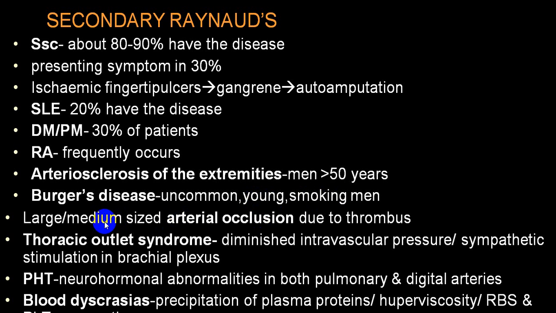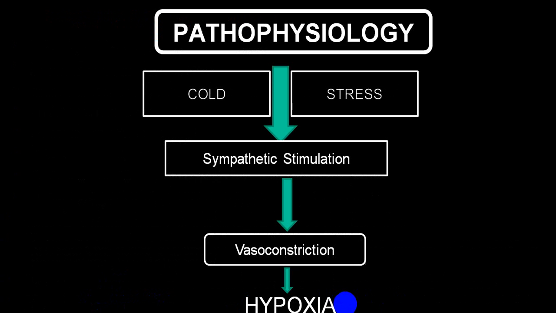Medium to large size artery occlusion due to thrombus can also end up with Raynaud's. Thoracic outlet syndrome can occasionally have Raynaud's phenomena. Pulmonary hypertension can also have it, and blood dyscrasias like hyperviscosity and abnormal proteins like gamma globulins, etc.